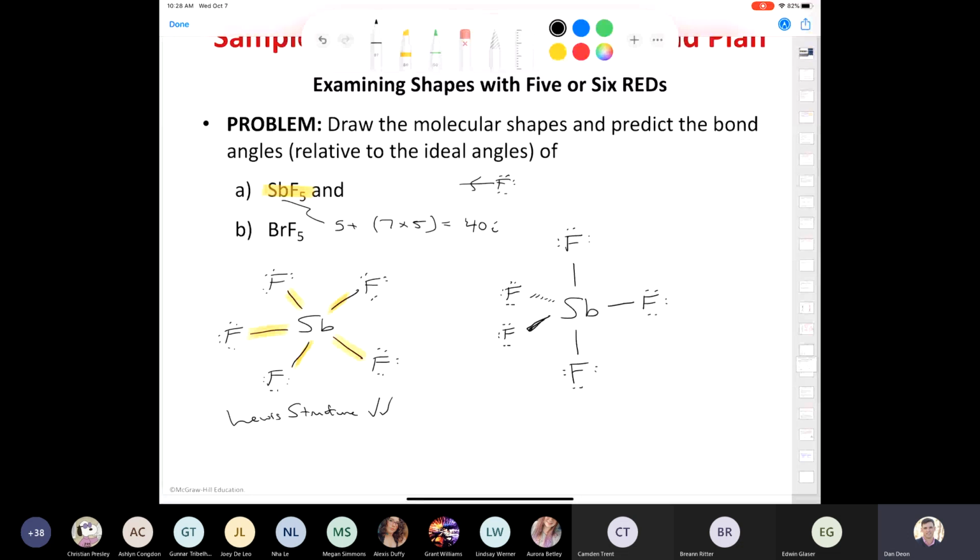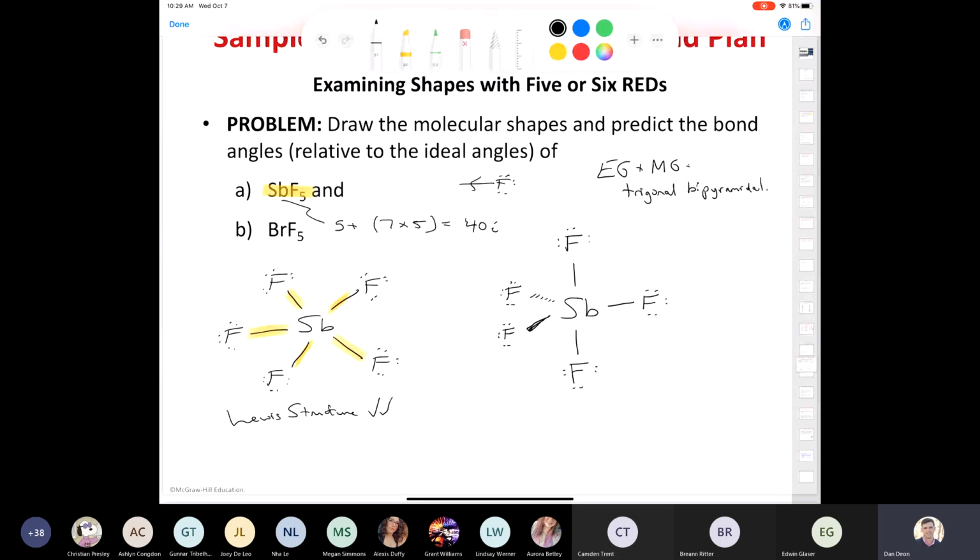So my electron geometry and my molecular geometry in this molecule is trigonal bipyramidal. They're always going to be the same when there are no lone pairs on the central atom.